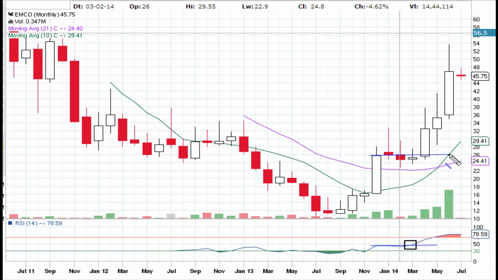And you can see a breakout here, which corresponds to this entry price here of about $24.50. The stock goes on to trade as high as $54 in 1, 2, 3 months. It also moved above 69.10, added some more fuel to the fire, and hence this strong move over the last couple of months.